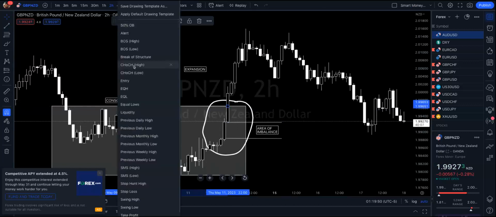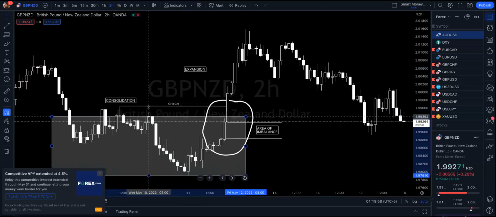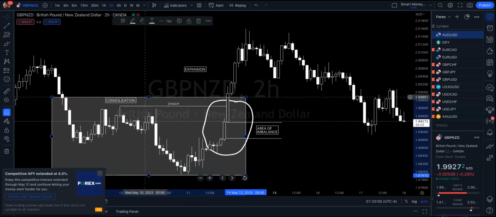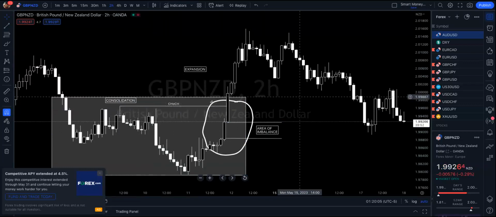Now you can't see it because it's lined up with my consolidation zone. I see it right there, change of character, structure break, boom, right there.